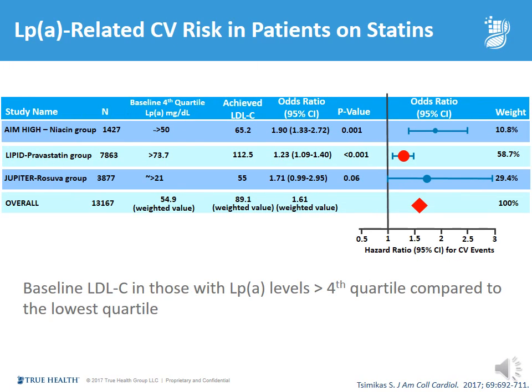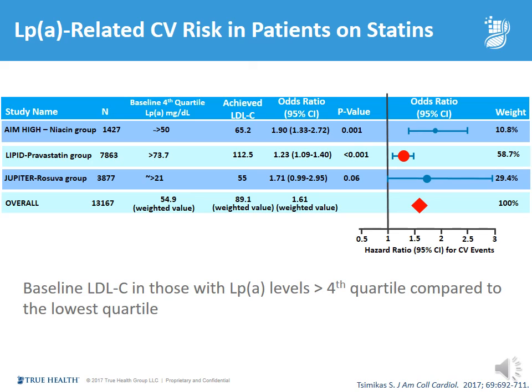And the final bit of important information with respect to lipoprotein little a is even in people aggressively treated with statins or statin niacin, if the Lp little a concentration is in the fourth quartile, meaning the elevated levels, despite what the statin or statin niacin has done to other lipid parameters, there is still significant residual risk.